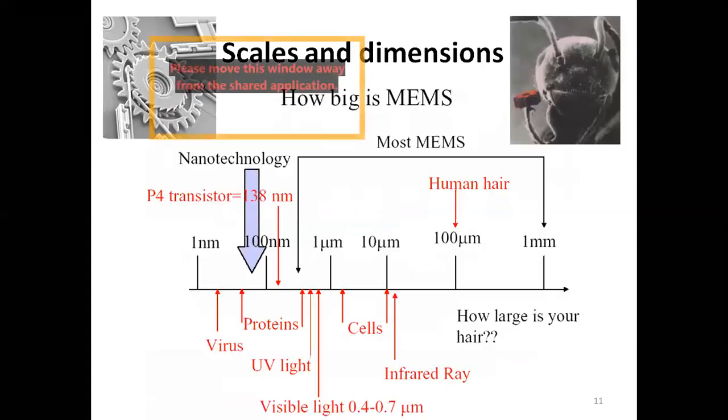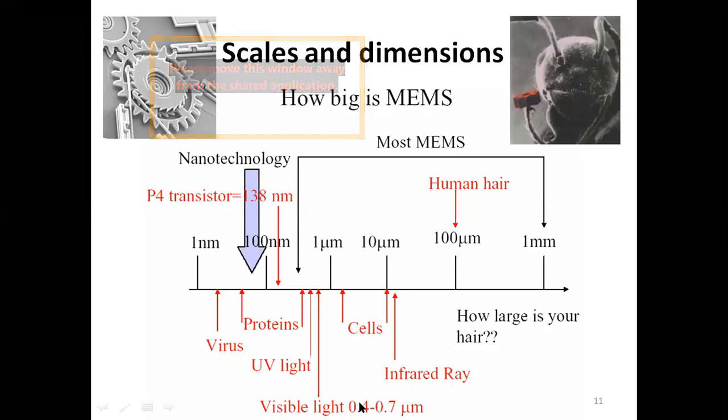This is also a slide about the scales and dimensions. Human hair 100 micrometer, cells 10 micrometers, infrared rays, the wavelength of infrared ray is almost 20 micrometers.